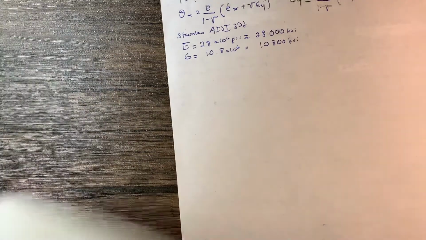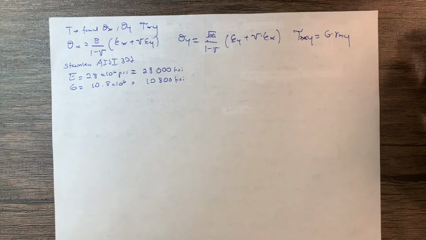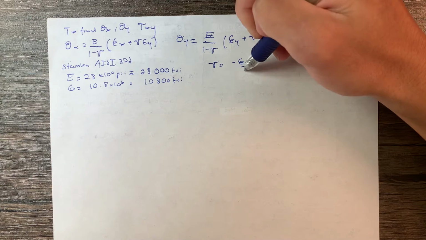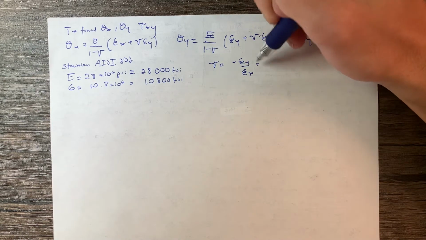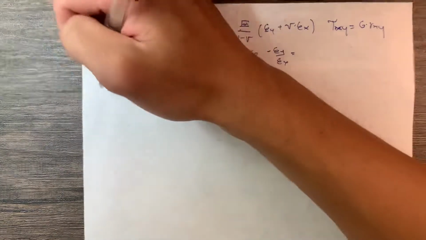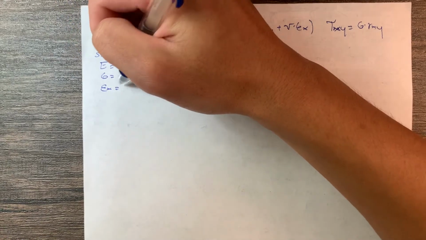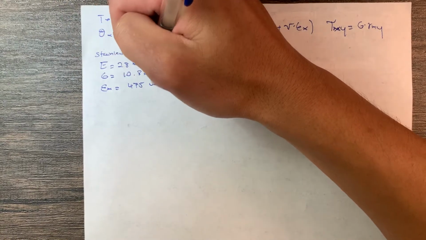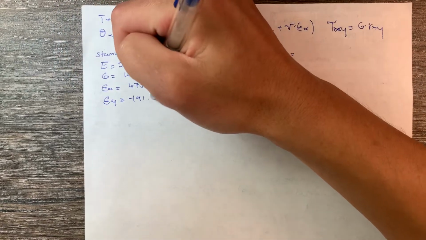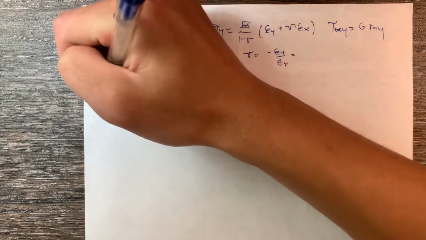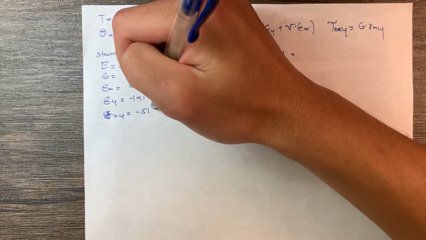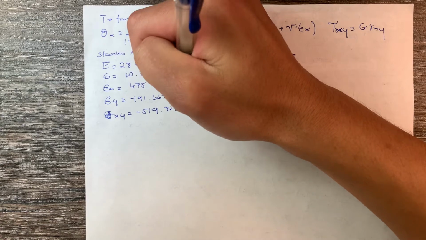And Poisson ratio can be found as negative epsilon y over epsilon x. It's good to write what our values were before. Epsilon x that we found was 475 microinch per inch, epsilon y was negative 191.667 microinch per inch, and gamma xy is negative 519.82 microinch per inch.